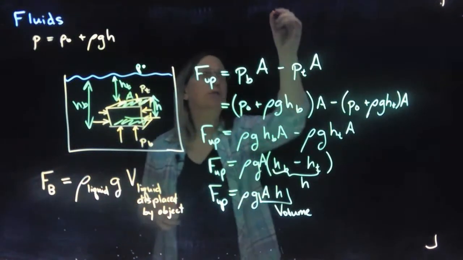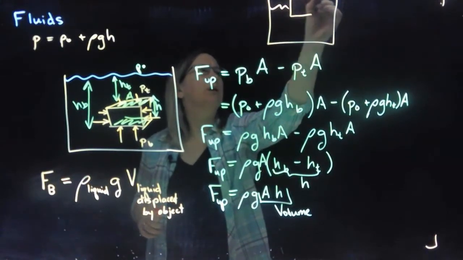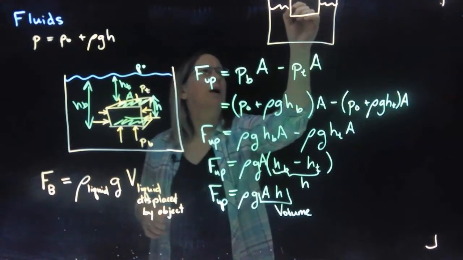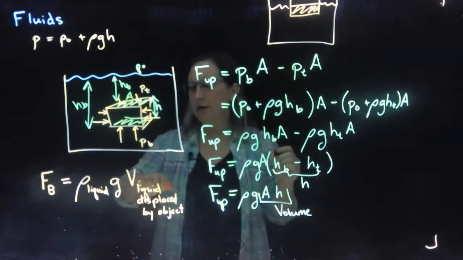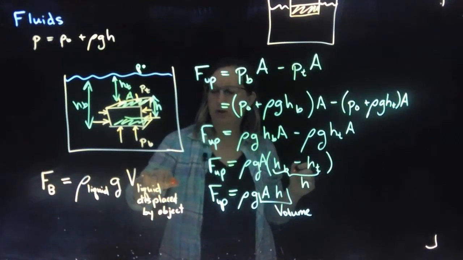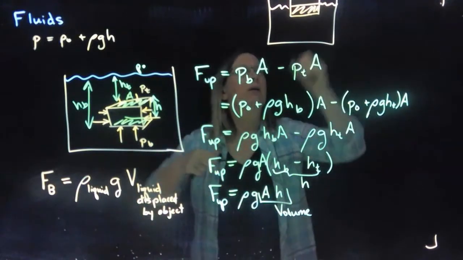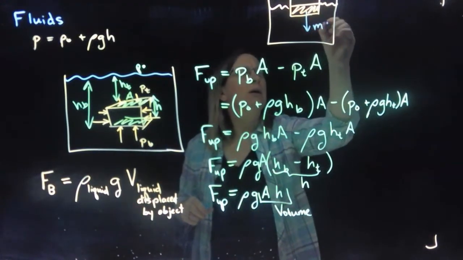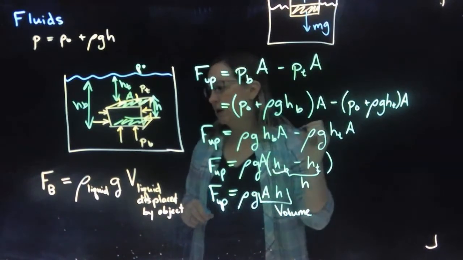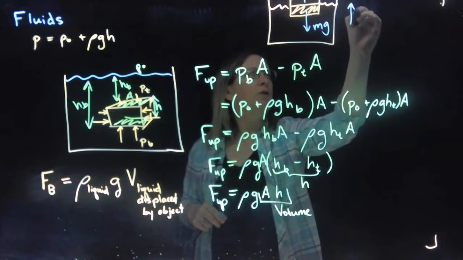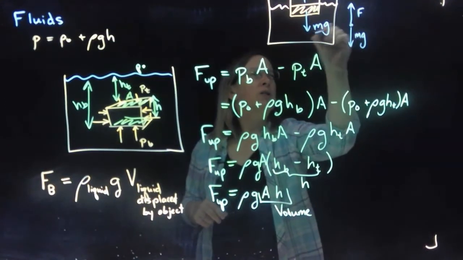So something that's floating, here's our water, here's our object that's floating, then this volume is what we put into this liquid. If it's floating, then mg is balanced by this FB. Here's our force diagram redrawn again, mg, that's the weight of the object.